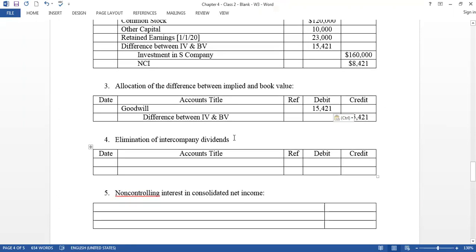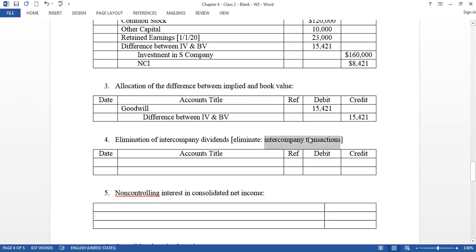So we learned chapter 3, we learned up to here, right? Now in chapter 4, we have to eliminate an additional point. It is called inter-company transactions. What is the meaning of intercompany transactions?